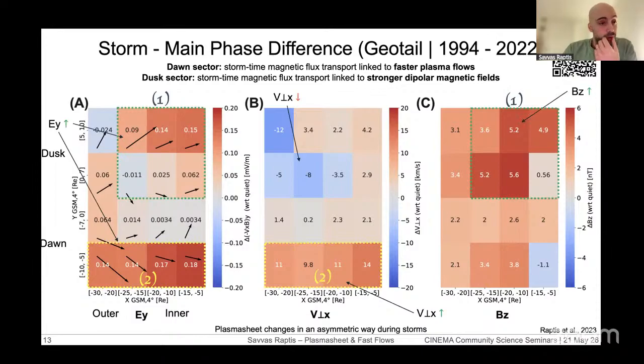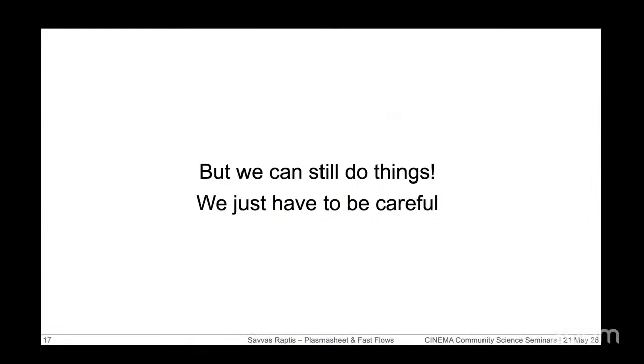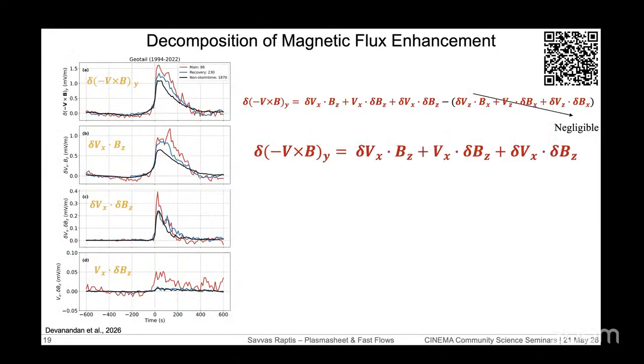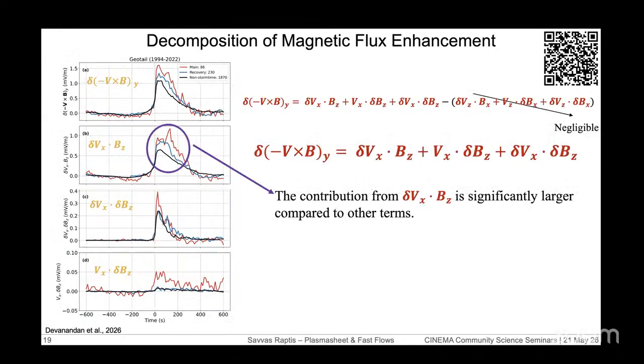Do you mean for the bursty bulk flows here? Yes, I think it's here. So your point here is that essentially the velocity, the flux, better said, a second moment of distribution, is the main contributor.